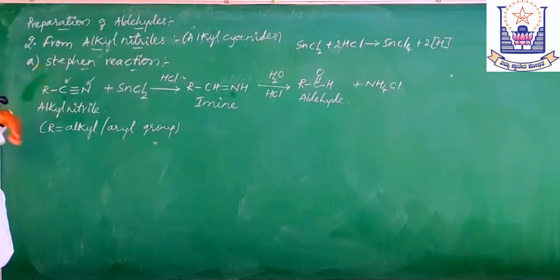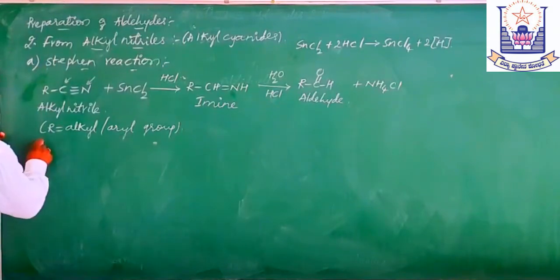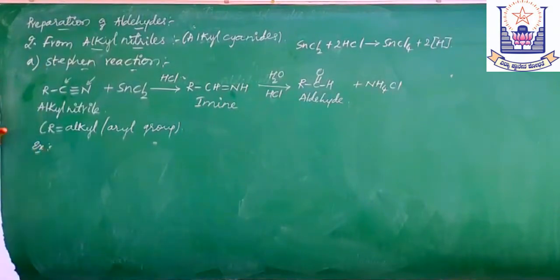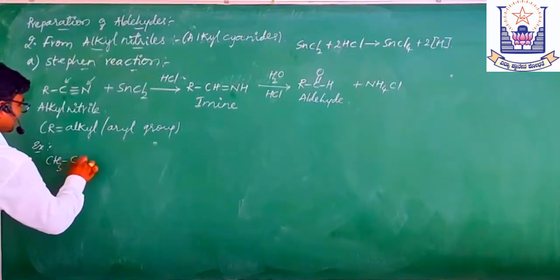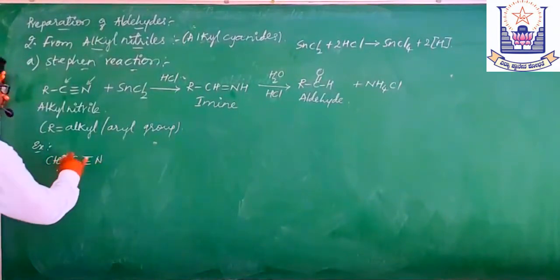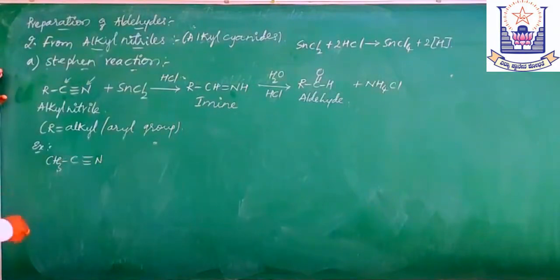One I will show you here. For example, take R as CH3. CH3 C triple bond N is called methyl cyanide, or in IUPAC, ethane nitrile.